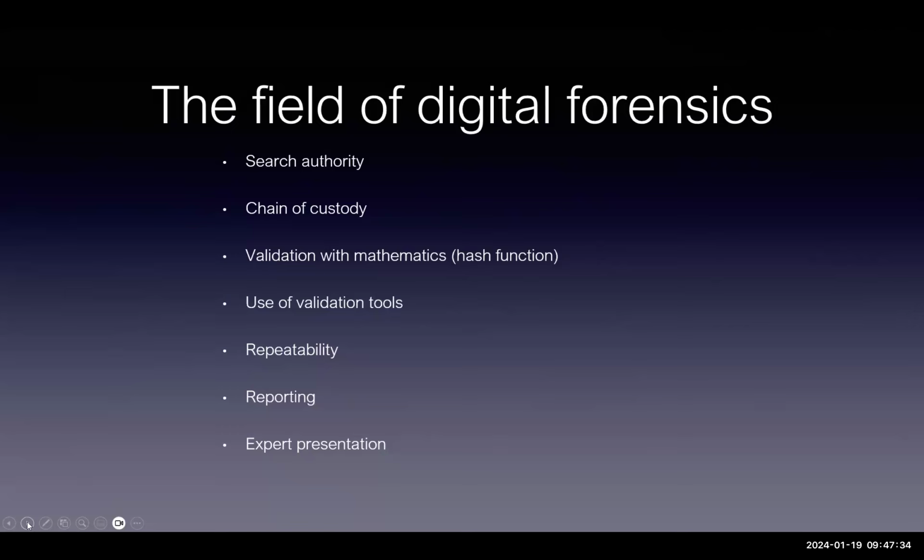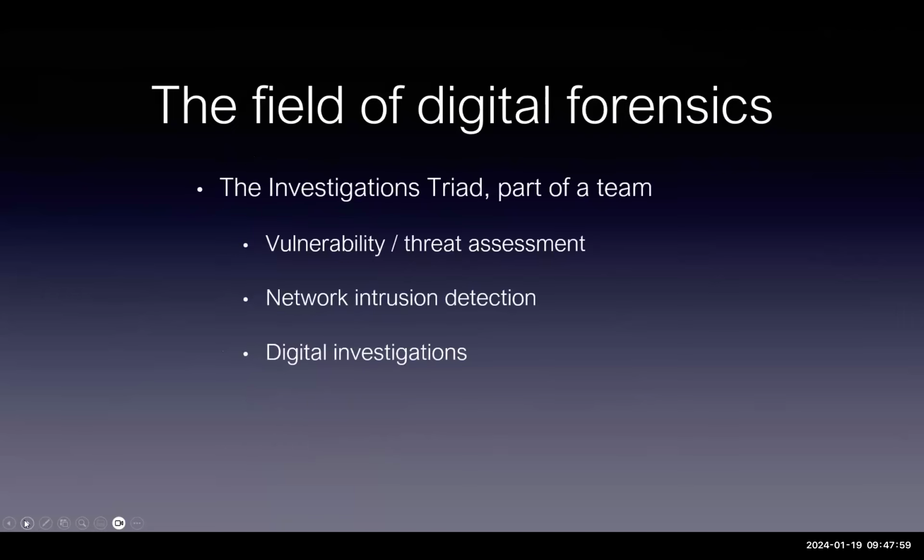What kind of validation tools were used? Were they current? Were multiple validation tools used to verify that the evidence collected was the same with different tools? Could you repeat that validation technique with the forensic software and get the same result? And then we end up with reporting, because you have to document what you do, and then possibly expert presentation.